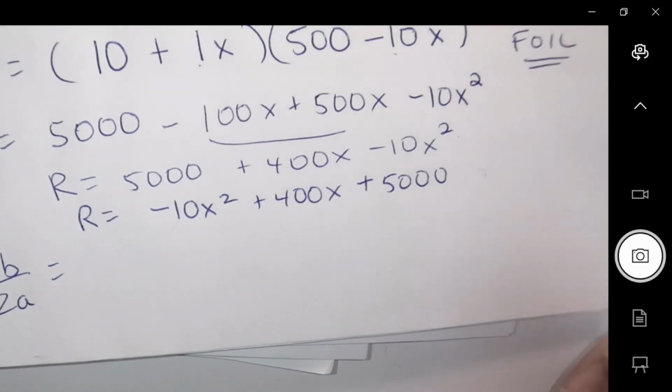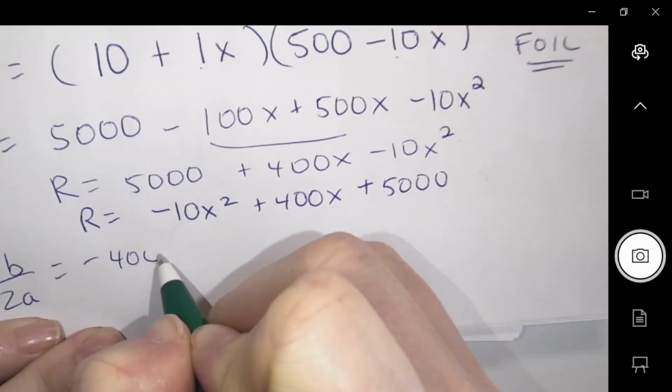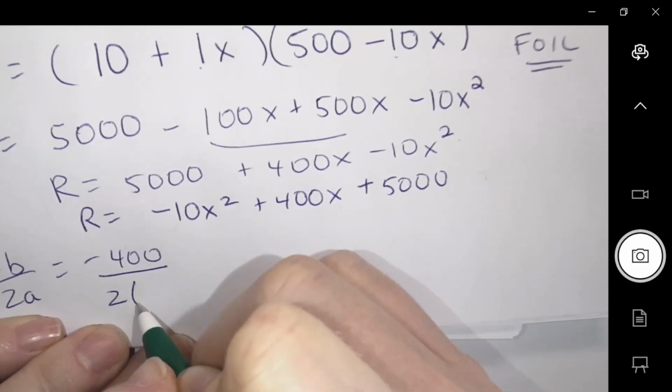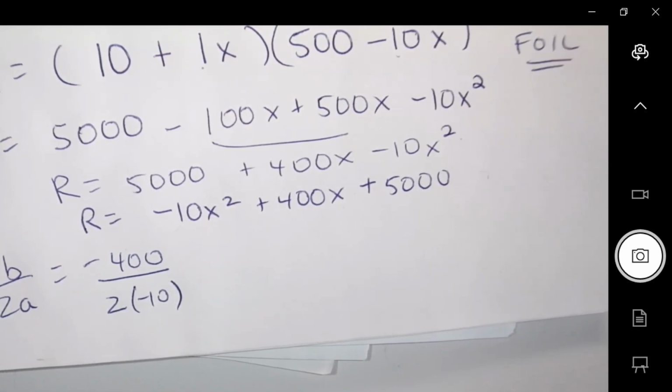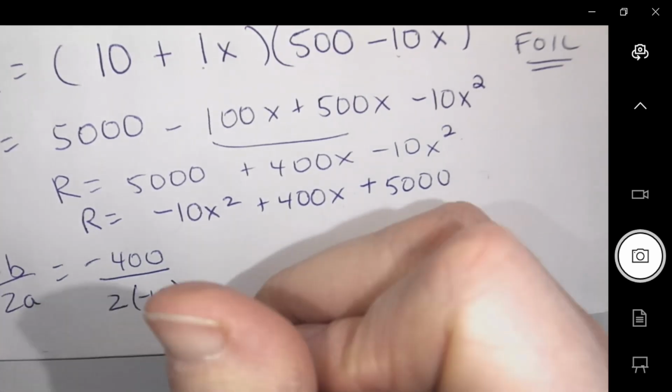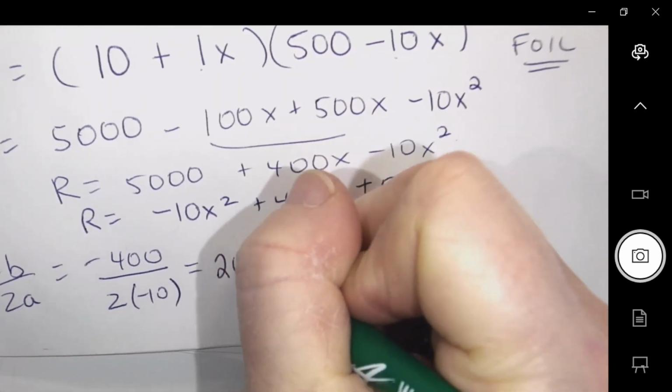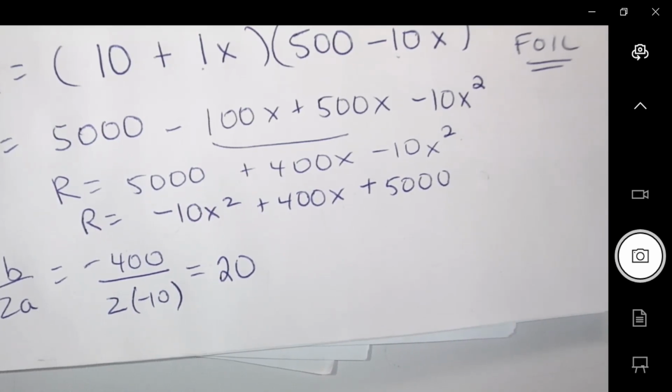So that is negative 400 over 2 negative 10. Did you get 20? So 20 is representing x.